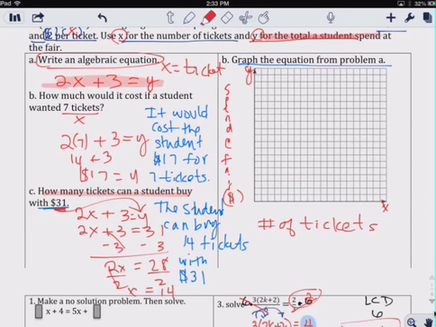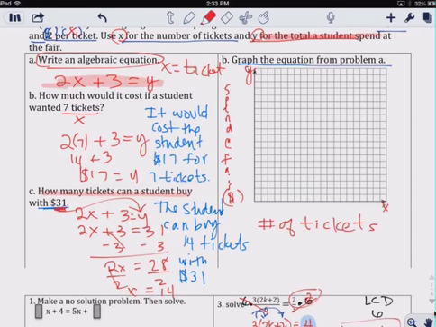Minus 3y minus 3y gets 2y minus 20 equals 6. Add 20, add 20. You get 26 equals 2y. Divide by 2, divide by 2. Y equals 13. It's not a word problem, so it means nothing. And that's the last problem here.